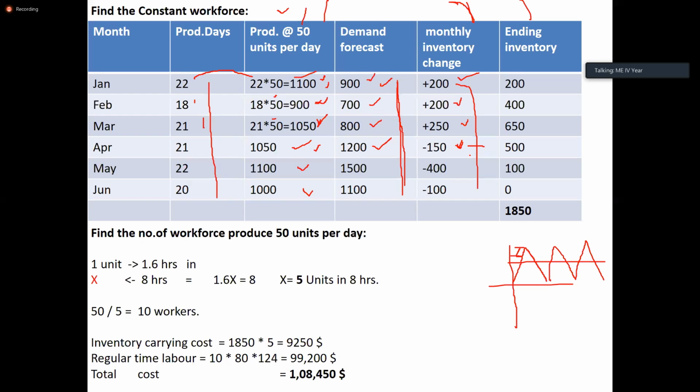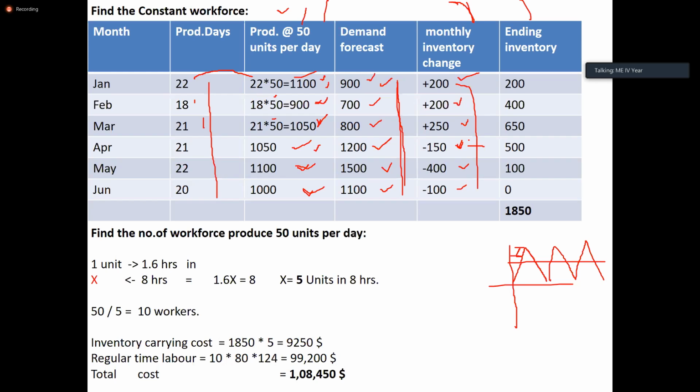Then similarly, your demand is 1500 and you are producing 1100. How much? Negative 400. And similarly, your demand is 1100, and when you produce 50 per day, you will get a minus 100.